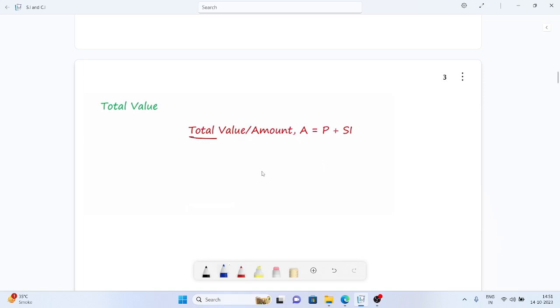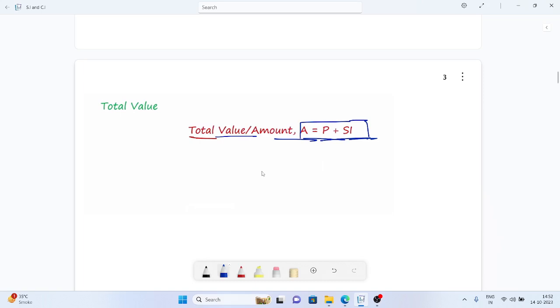Total value or amount, either in simple interest or in compound interest, will be equal to principal plus interest, meaning the amount invested and the interest we make on that amount; that total will be the amount.